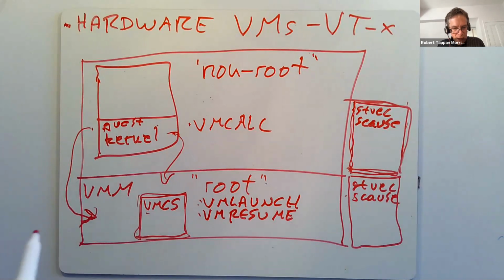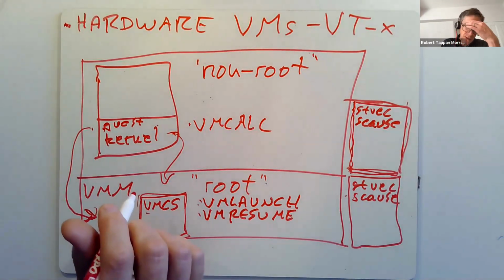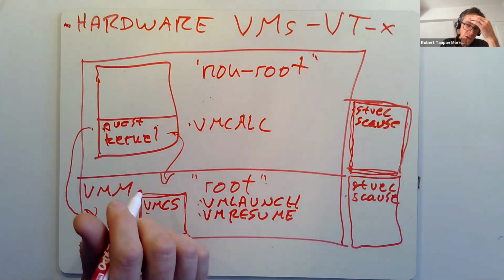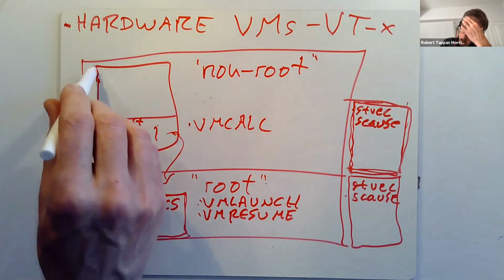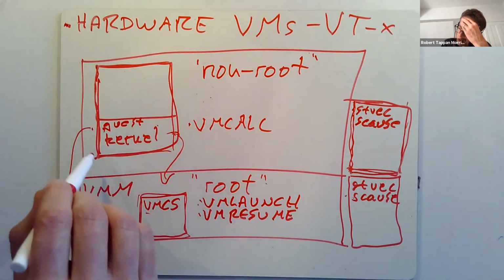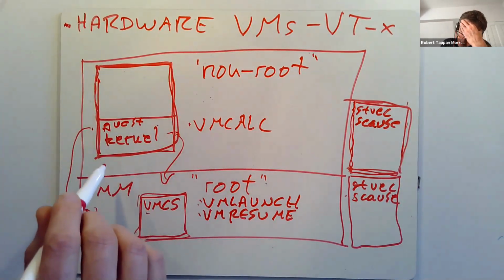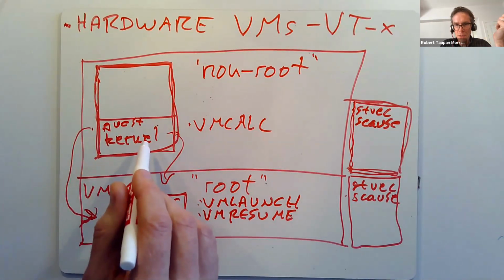The other big piece of machinery that VTX provides is page table support. We're operating up here in the guest world. We still need a page table. Now we need a page table for two reasons. One is the guest kernel wants to be able to configure its own page tables.